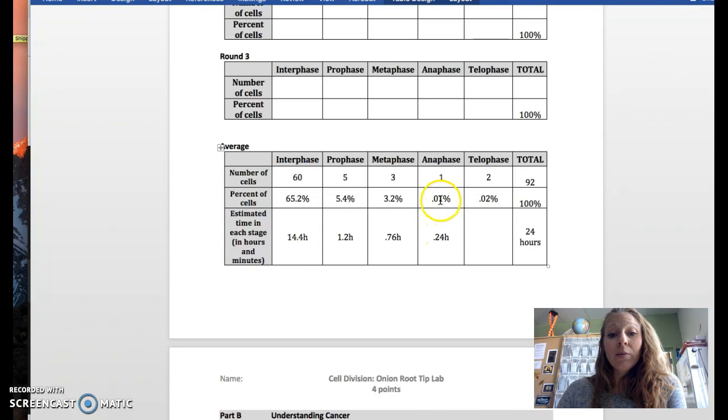And when these numbers get really little, make sure you are moving the decimal. So here it's 14.4 hours of the day that it's in interphase, and then 0.24 hours of the day in anaphase. Once you're getting below an hour, don't worry about changing it to hours and minutes unless you really want to. That's not really the point.